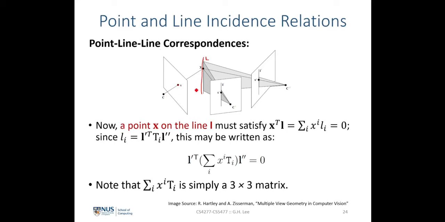So notice that earlier on I said that the line correspondences from any two views would not be enough to constrain the relation between these two views.